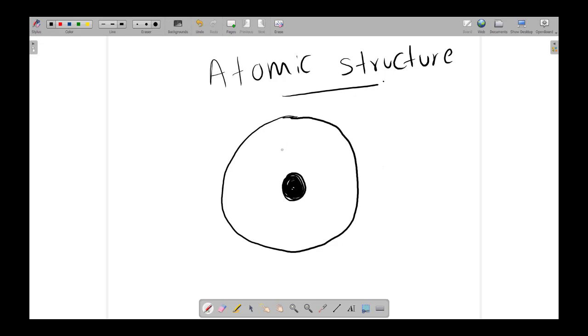So always in an atom, in the middle there's a nucleus, and in the outer part there's an electron cloud. So as we all know, there are subatomic particles. What are the subatomic particles?